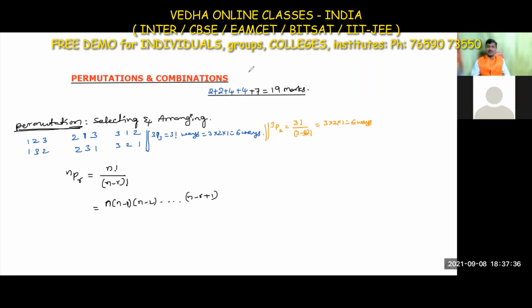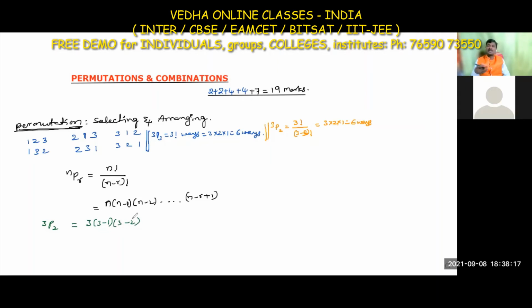For example, how to simplify the values? If you want to find 3P2, either we can use the regular one, 3 factorial by (3 minus 2) factorial, or we can apply the short concept: 3 into (3 minus 1) into (3 minus 2). We have to subtract up to r, which is 2.